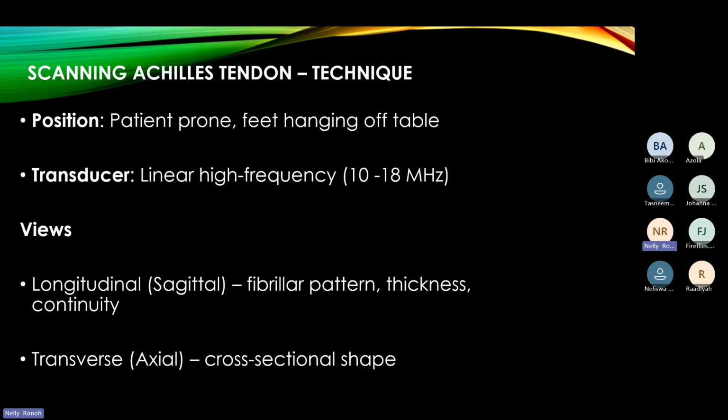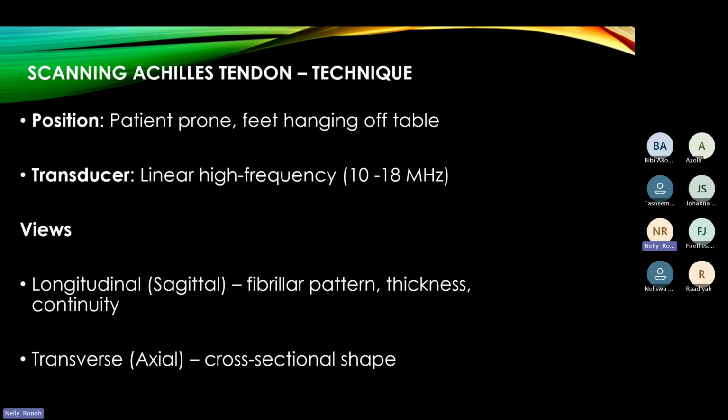And for the views that we use in ultrasound all the time, we always say you have to use both planes, the longitudinal plane, also known as the sagittal. In this case, what would you be assessing? You'll be assessing the fibrillar pattern, measuring the thickness, and checking the continuity. These parallel lines should have no break in between.